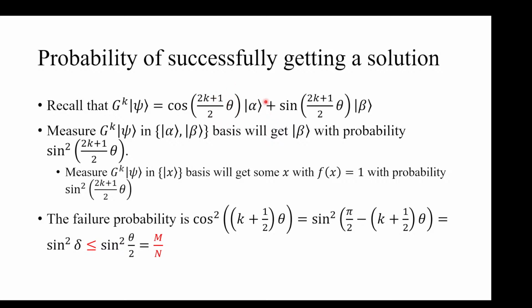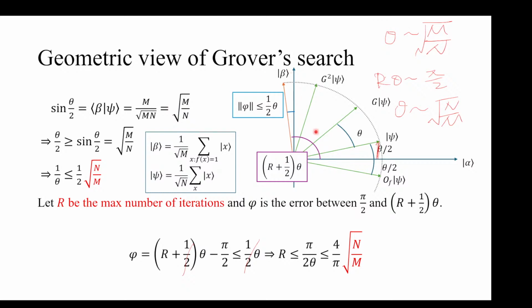Now we think about this state and what happens when we measure. We don't actually do this, but for simplicity, let's think about what if we measure in the alpha beta basis. In this two-dimensional basis, if we measure in the alpha beta basis, you have some state here with the angle (2k plus 1) over 2 theta.